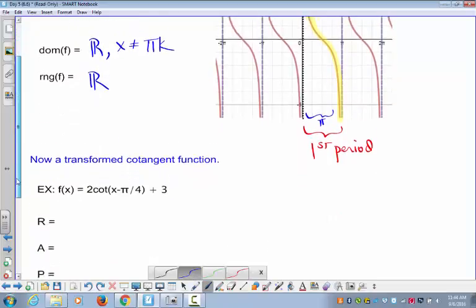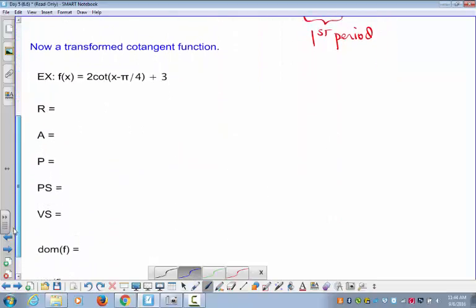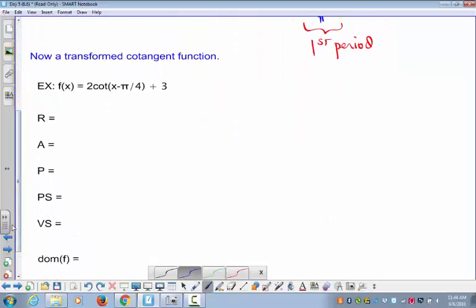All right, so transformation here. Let's see. Yeah, I'll go through this with you. So reflection, yes or no? No. Amplitude, not applicable. So period. Cotangent, basic period is pi.